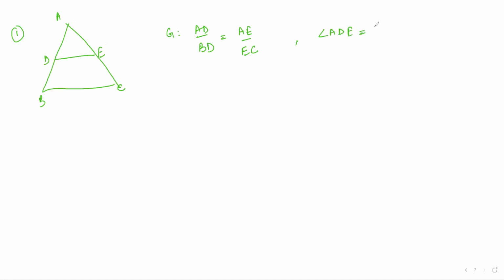Okay, first one, this is a figure ABC and DE. It is given in this figure that AD upon BD is equal to AE upon EC, and angle ADE is 70 degree, angle BAC is 50 degree, and you have to find angle BCA.